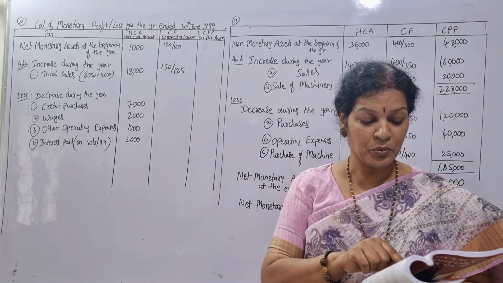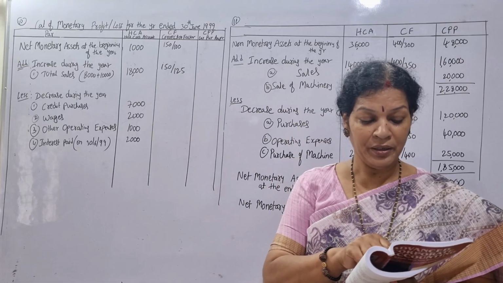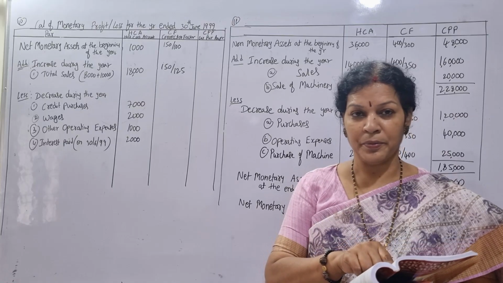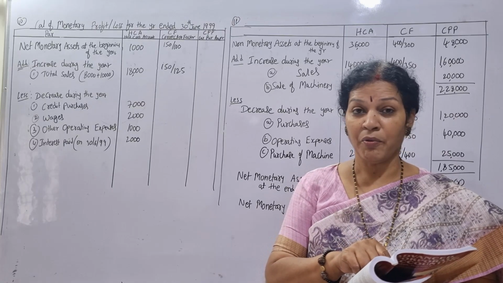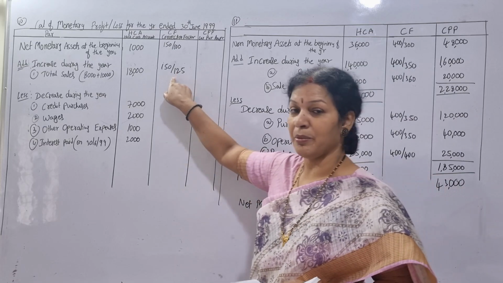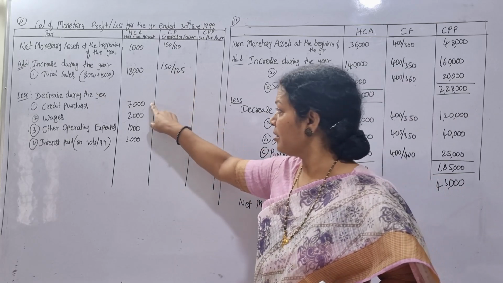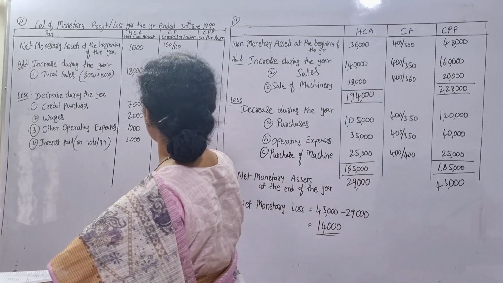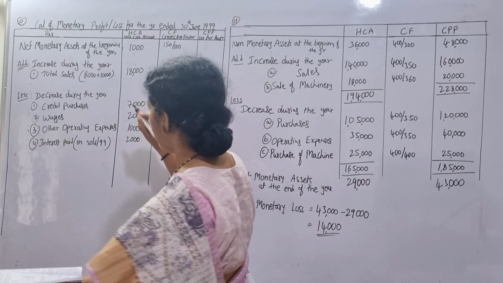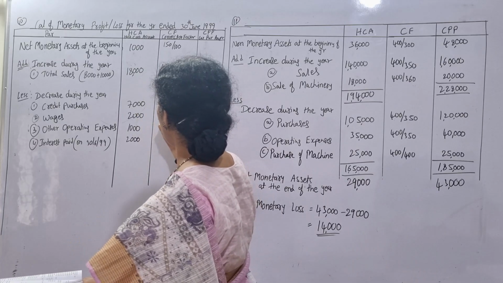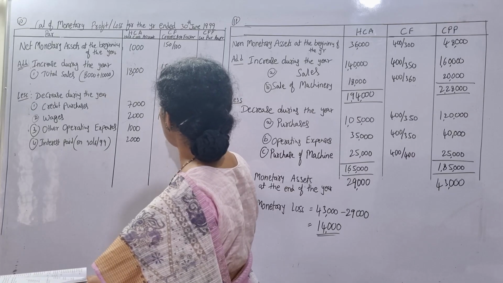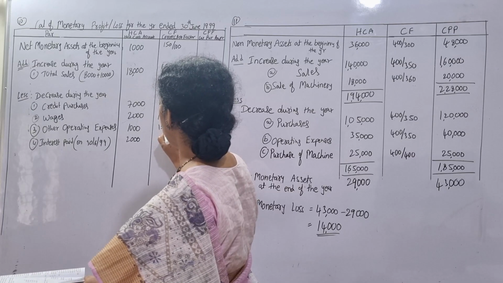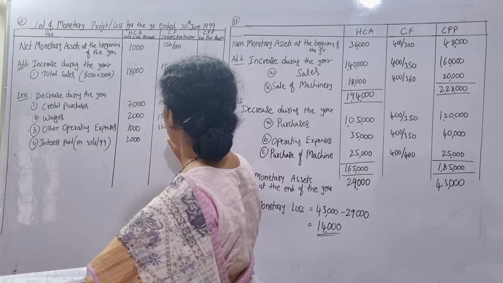Beginning of the year means you could have taken 150 by 100. Throughout the year means 150 by 125. Same as here. These three we are taking 150 by 125 because throughout the year we had credit purchases, wages, and some operating expenses.